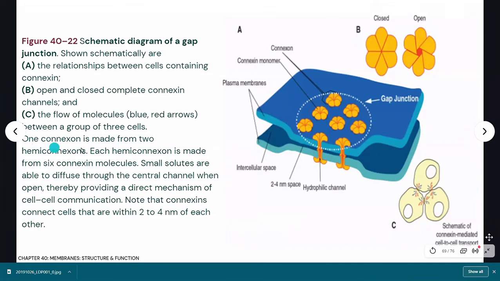One connexon is made from two hemiconnexons. Each hemiconnexon is made from 6 connexin molecules. Small solutes are able to diffuse through the central channel when open, thereby providing a direct mechanism of cell-to-cell communication.